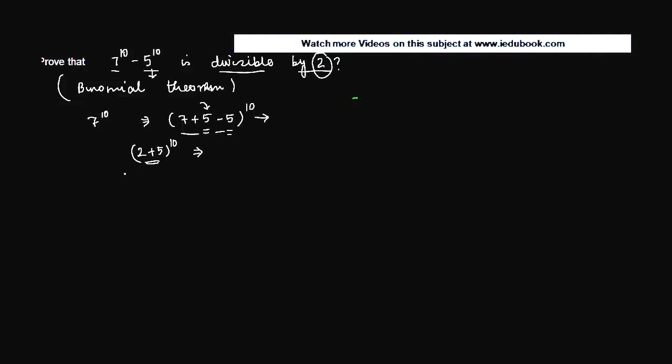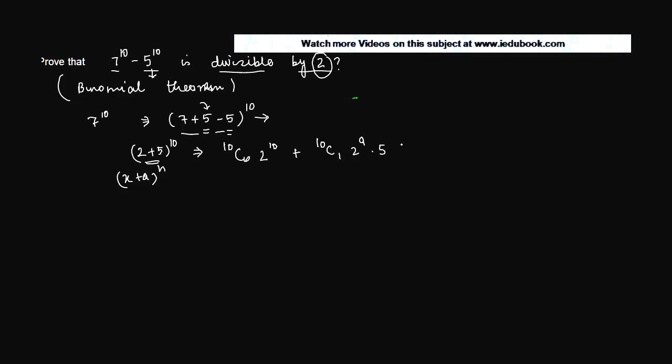Now this becomes something like x plus a to the power n. And we know the expansion for this. So n is 10. Let's just straight away write down the numbers. 10c0, 2 to the power 10, plus 10c1, 2 to the power, how many powers do you get for 2 here? 9, right?